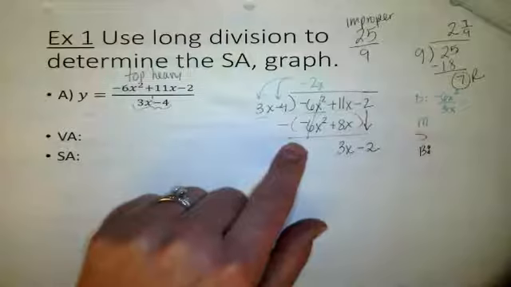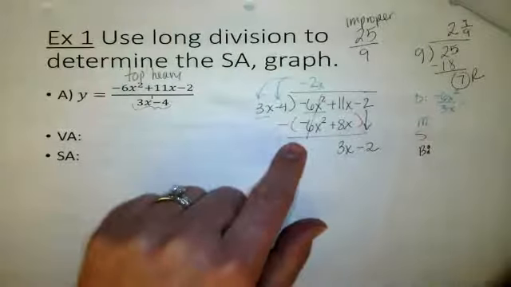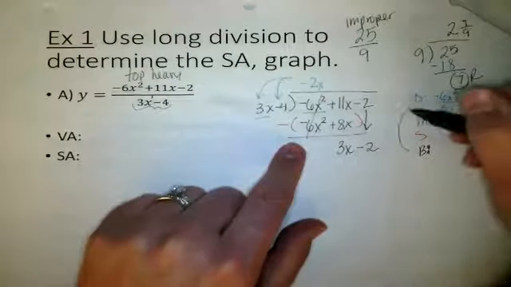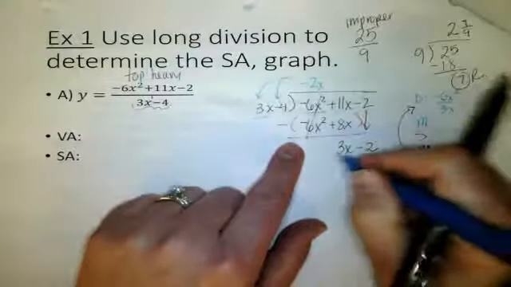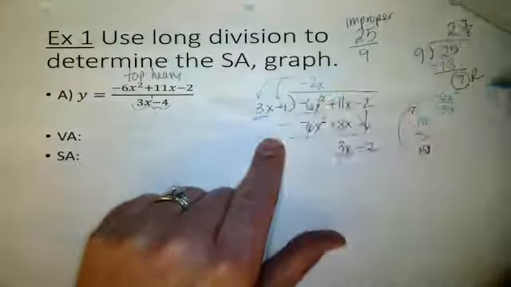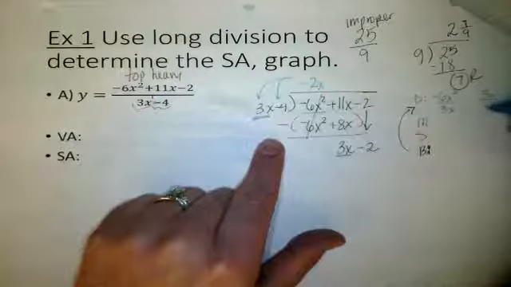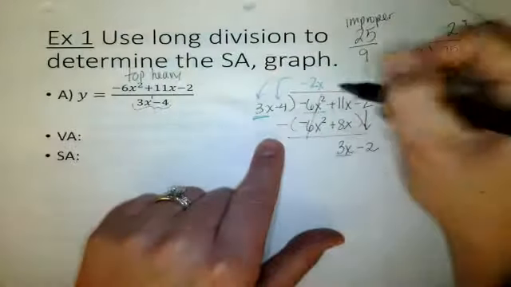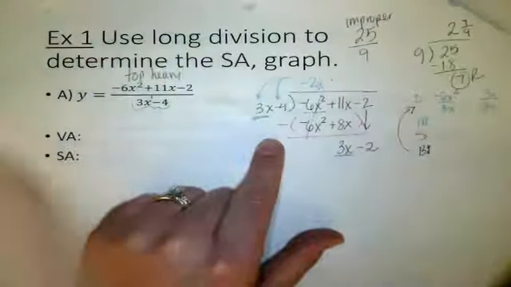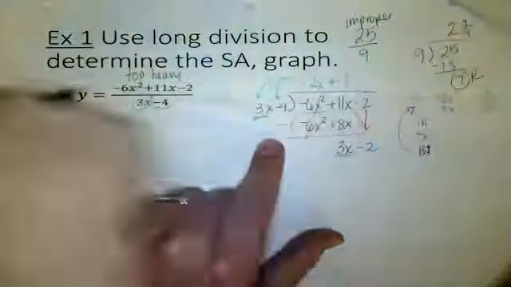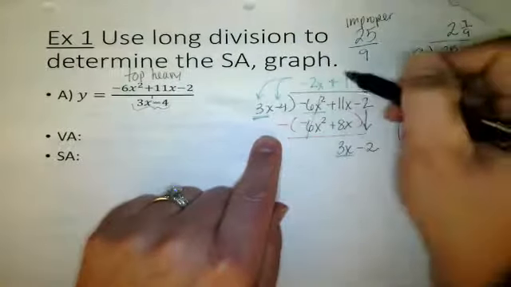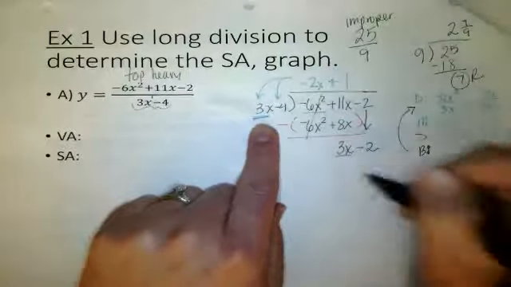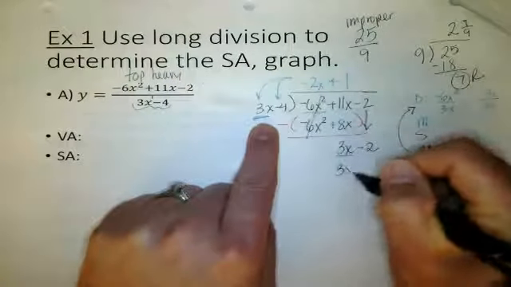And then what do we do? Repeat the process one more time. So we're going to repeat again. And we're dividing leading term by leading term. So how many times does 3x go into 3x? Yeah, so that's going to give us that 1. So positive 1. And we multiply. 1 times 3x is 3x.